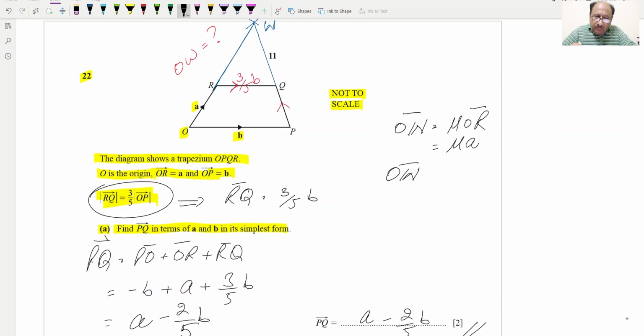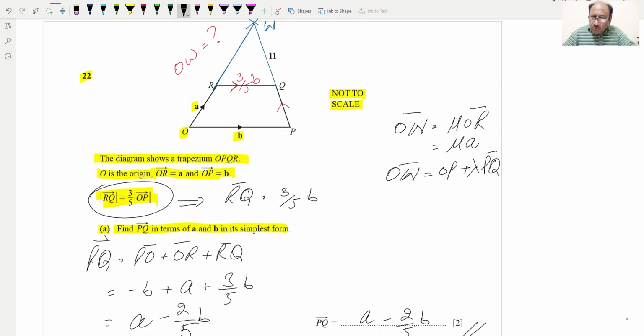So OW is equal to OP plus something multiplied by PQ. So that will be, we can write lambda PQ.